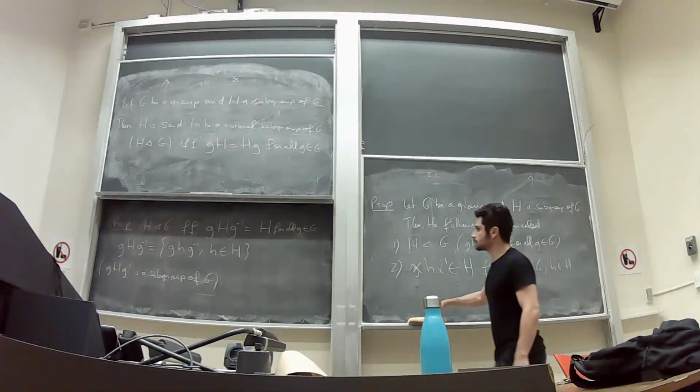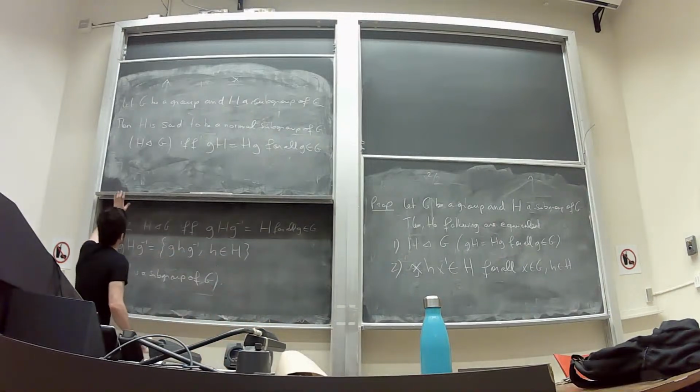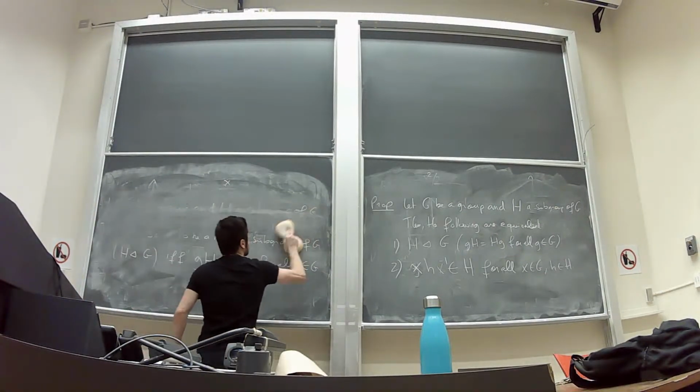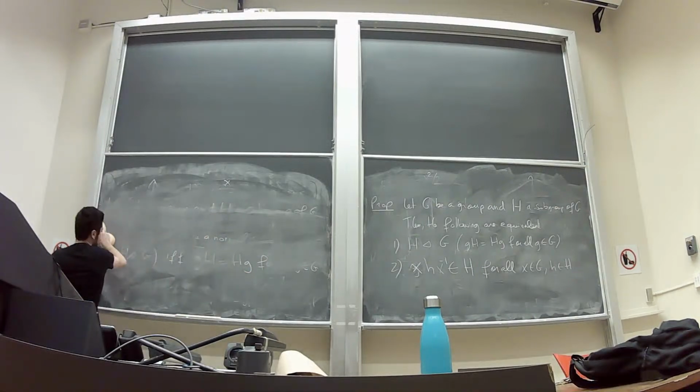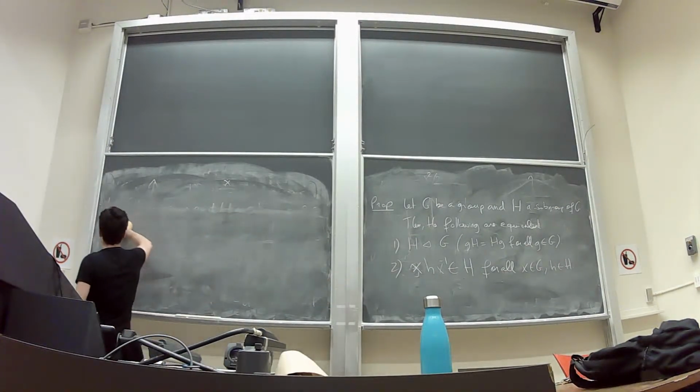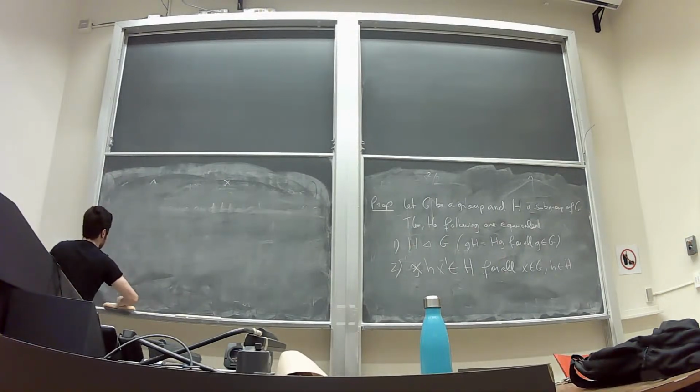Let's give an example. Last time we gave the example that if you have an abelian group, every subgroup is normal. Now, I forgot the two easiest examples. Let G be a group.